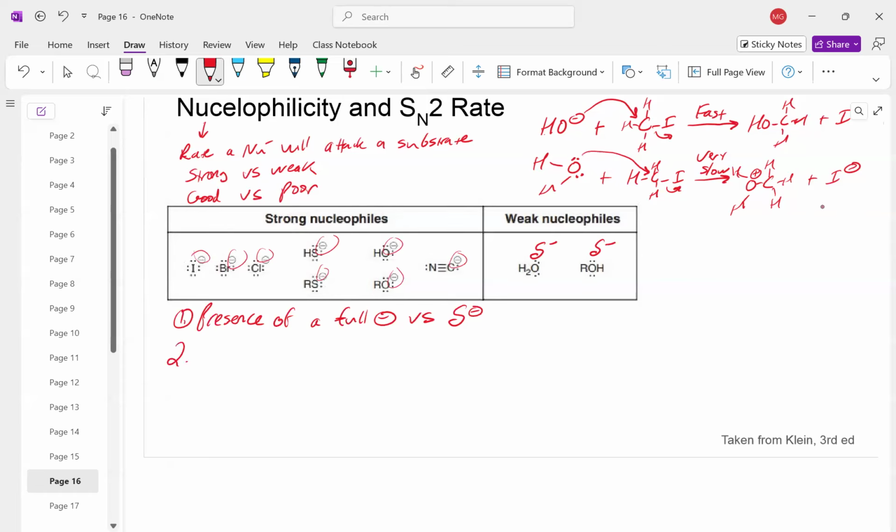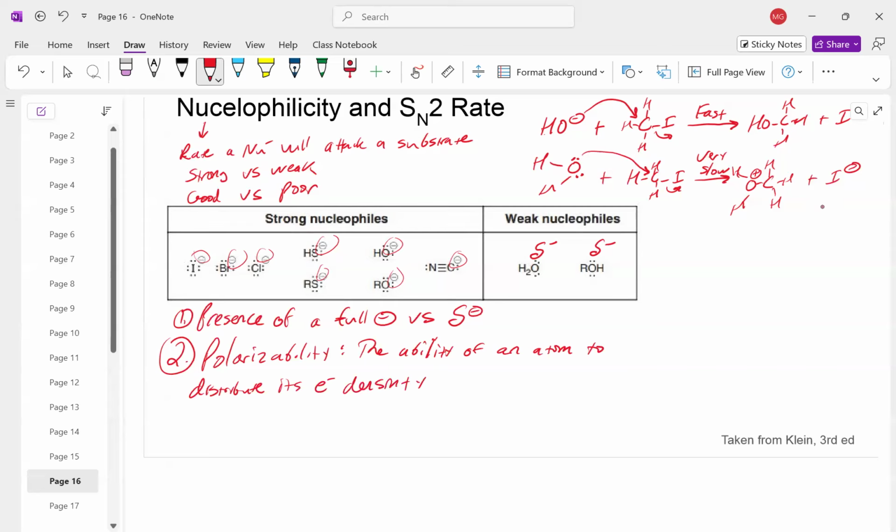Now, another factor that affects how strong or weak a nucleophile is is something called polarizability. This is the ability of an atom to distribute its electron density unevenly as a result of external influences.